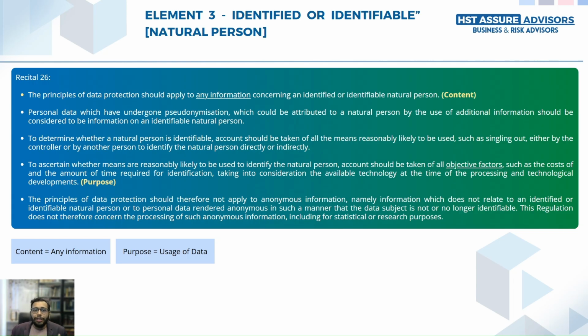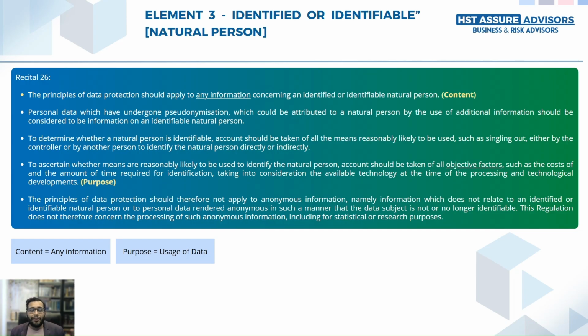Identifiable by using what technology? We need to consider the objective factors when we say yes, it is identifiable. Within the reasonable cost, within the reasonable amount of time, within the reasonable given technology, if it is possible, then yes, I could say it is identifiable. Otherwise, I cannot say it is identifiable.